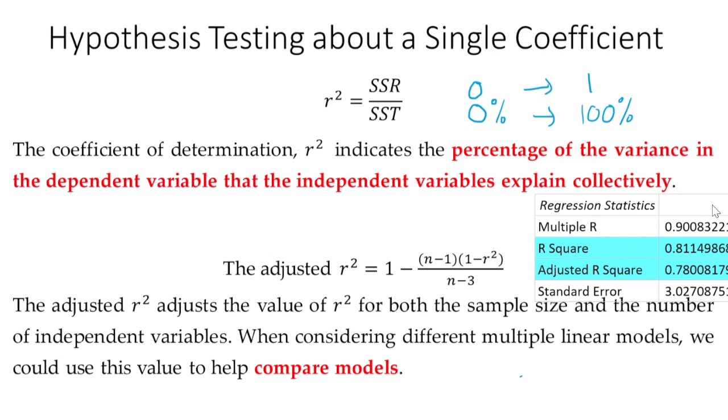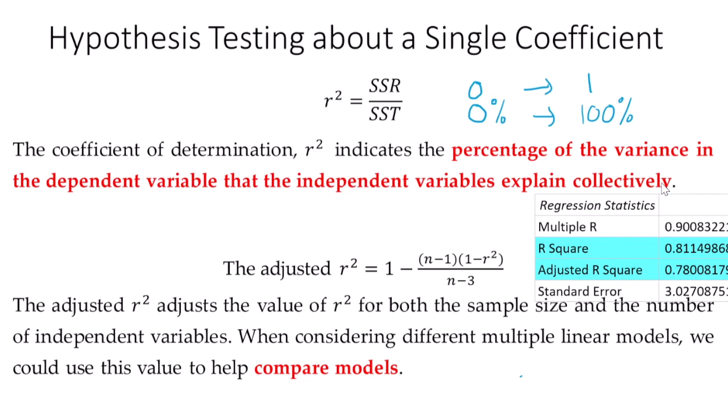Based on our Excel output, our R-square value is 81.1499%, which means that 81.1499% of the variance in reaction time is explained by all of the independent variables in the model.